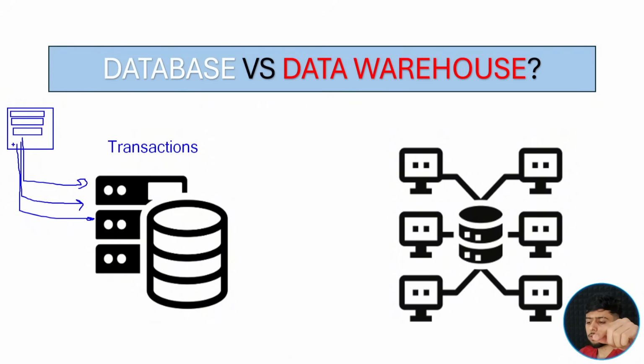Let's say a person is pulling some money from the application, it will be stored here. So information is stored in the form of small chunks, in the form of transactions. This is a kind of near real time data, because every time a transaction is made, it is stored automatically within just a few milliseconds. This is your near real time database.